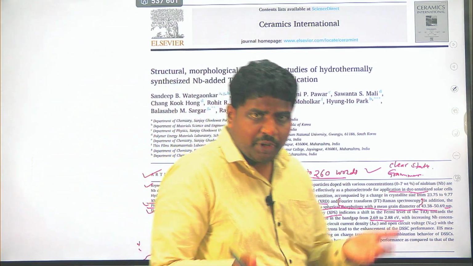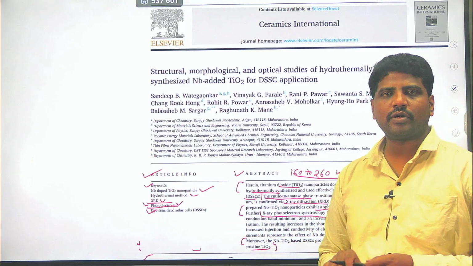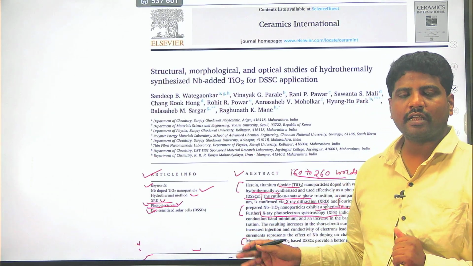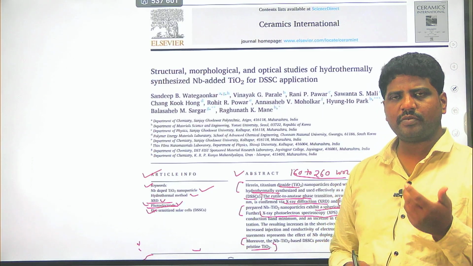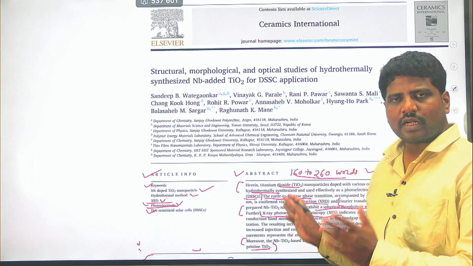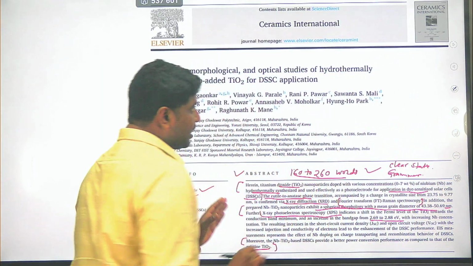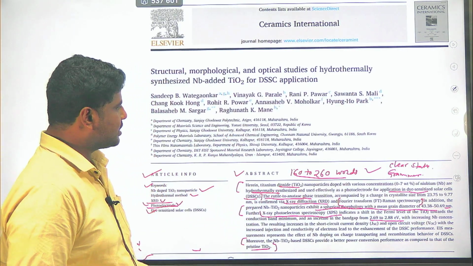Another important terminology is characterization. You can write one or two characterization techniques inside the keywords. Finally, you can write the words that are repeated again and again, that is, photoelectrode. In that paper I have prepared a photoelectrode, which is really helpful for dye-sensitized solar cell application.